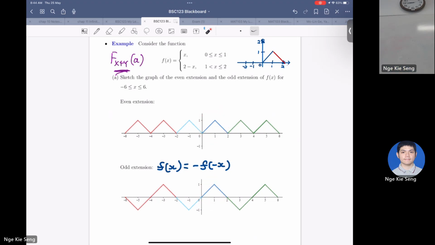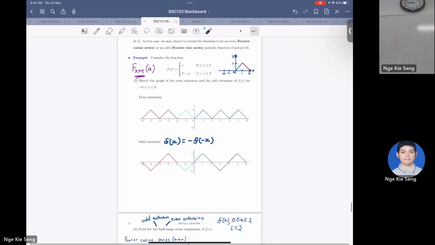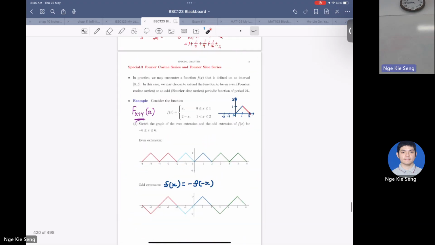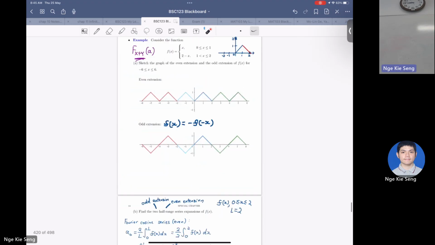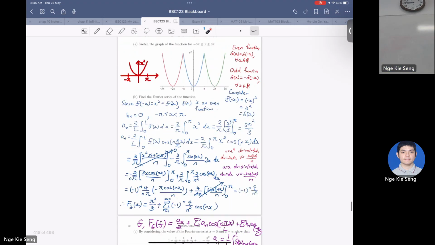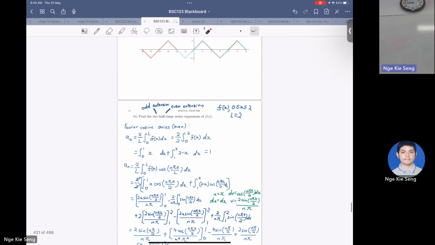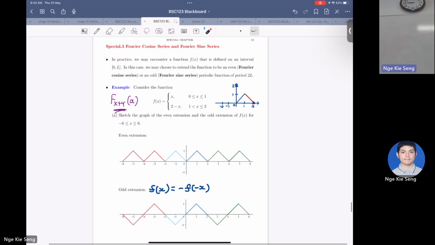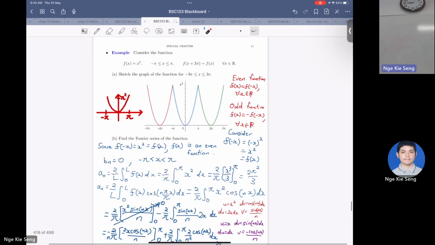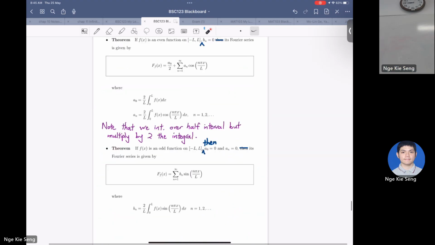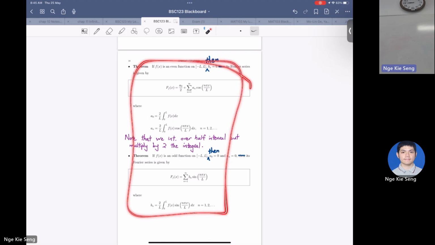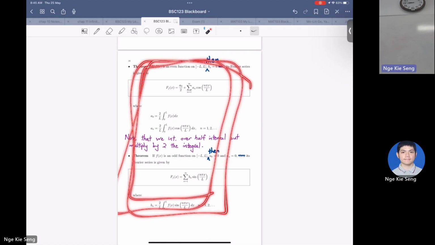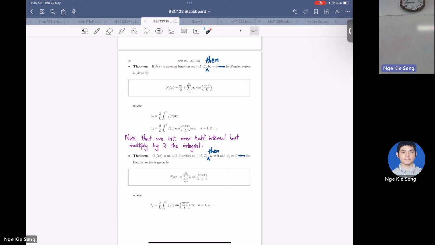So you might ask, how to do this in general? What you do is you use these two theorems here.